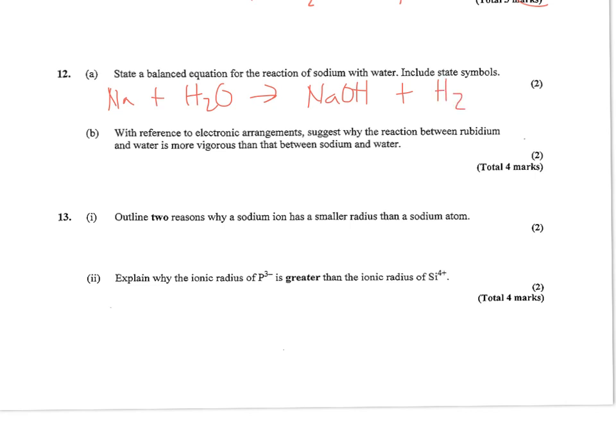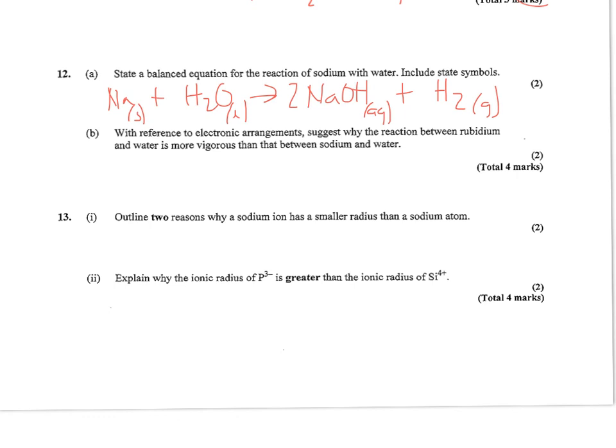Then if you balance that, you need a 2 here to make it balance. So that equation's not too bad. Your state symbols: it's solid sodium, water's a liquid, this is going to be aqueous, it's going to remain dissolved, and this is going to be a gas. So that's what you need to pick up the 2 marks for 12A.